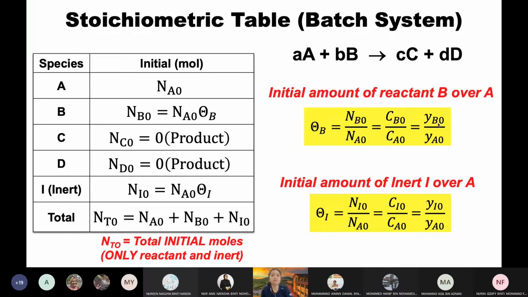So theta B will equal to 0.4 over 0.6. Sebab YB0 0.4, YA0 0.6.